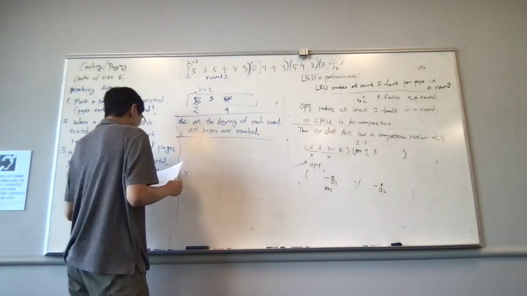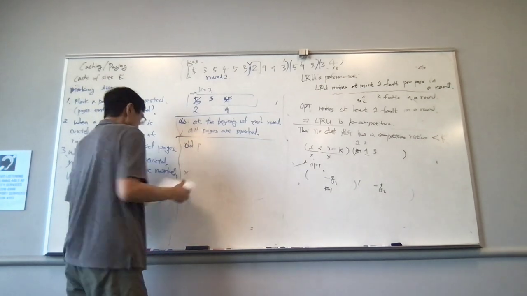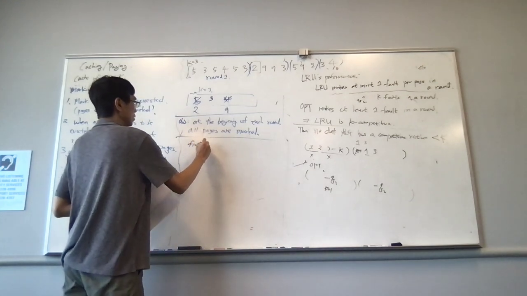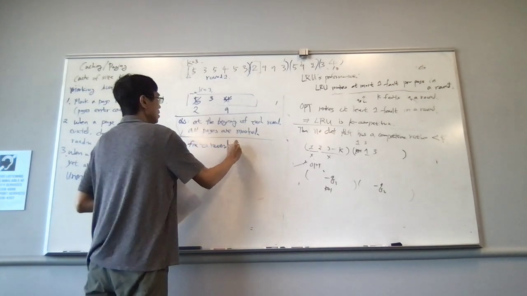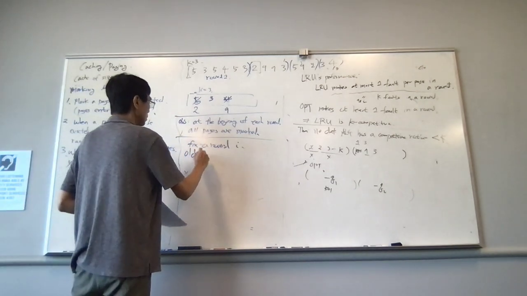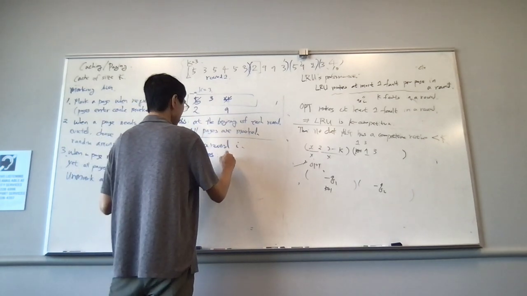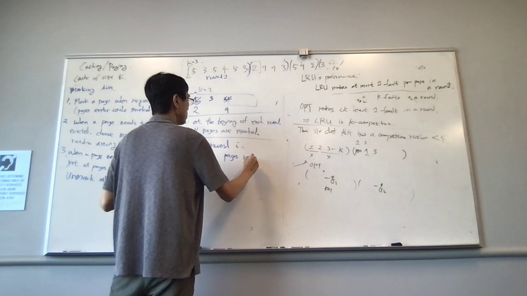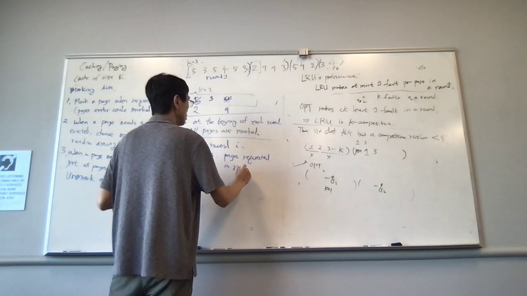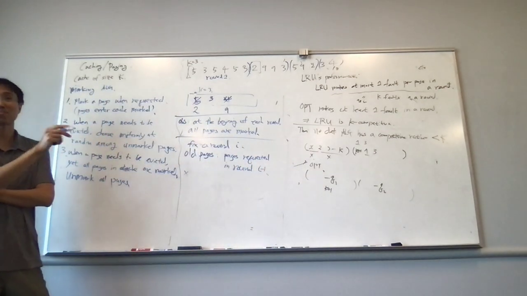Okay, now I'm going to define old pages and new pages. So again, before talking about this, I need to fix a round I. Let's fix round I. So old pages are the page requests in round I plus 1.